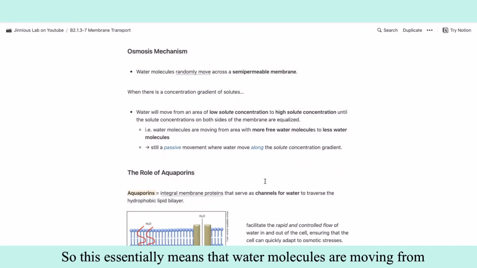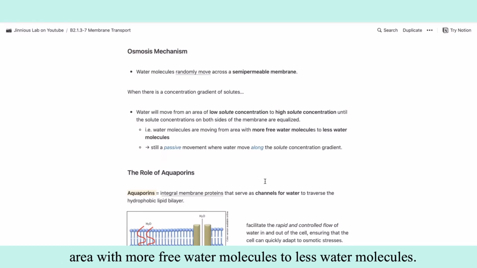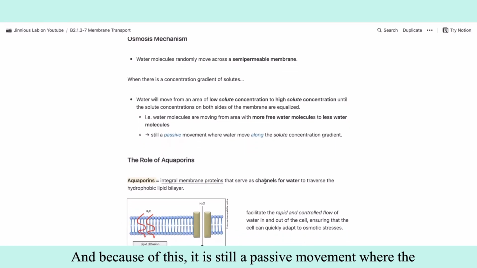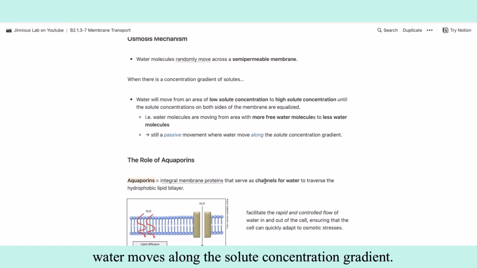So this essentially means the water molecules are moving from areas with more free water molecules to fewer water molecules. And because of this, it is still a passive movement where the water moves along the solute concentration gradient.